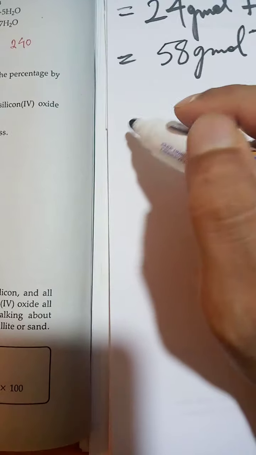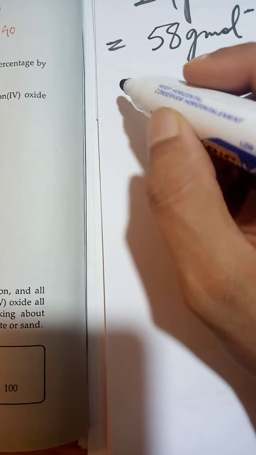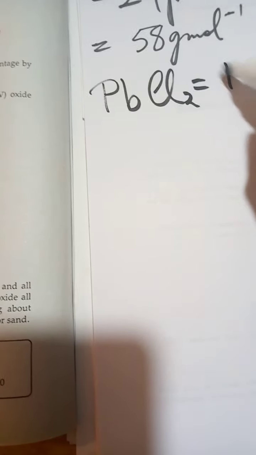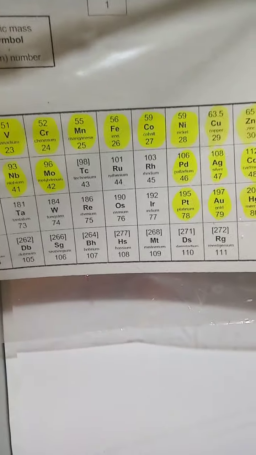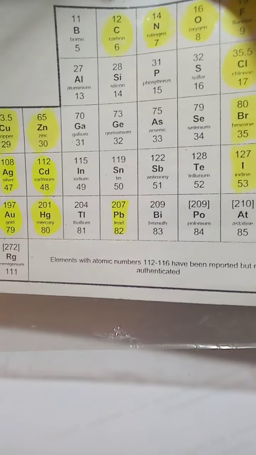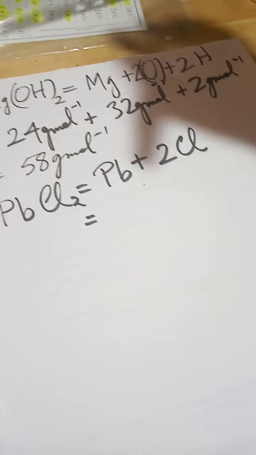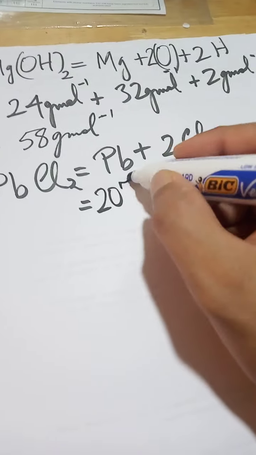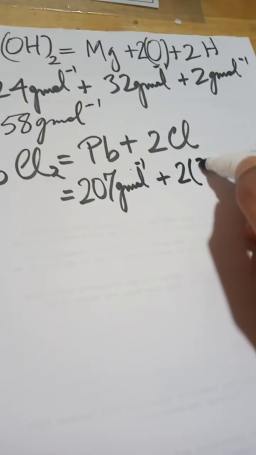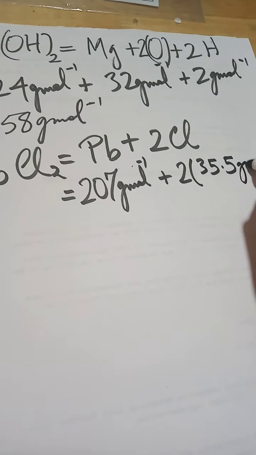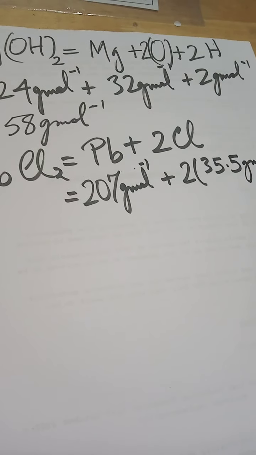And then you have lead 2 chloride, which would be 1 atom of lead and 2 atoms of chlorine, which we know that lead is, where's lead? 207. Plus 2 into 35.5 grams per mole.